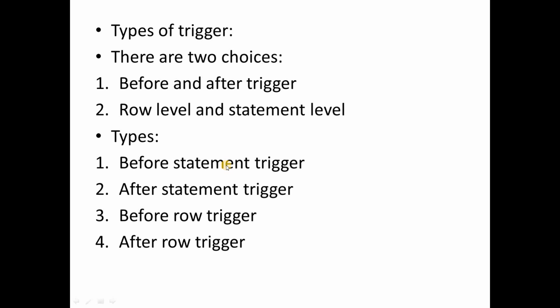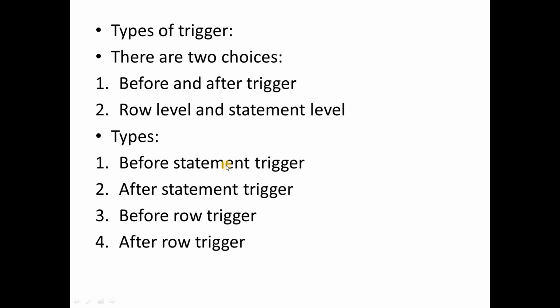That is known as before trigger. The opposite is after trigger, which is executed after the execution of the SQL event on which we apply a trigger. After executing that SQL event, our trigger will be fired, or called, or executed. That is known as after trigger.